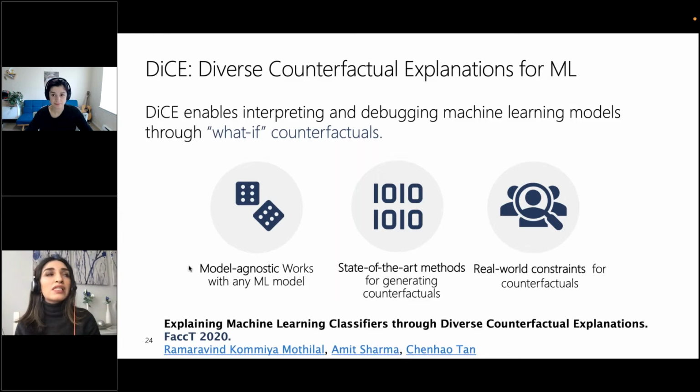It can provide you with insights as to what are the similar data points with different prediction outcomes from the model? Or in other words, what is the bare minimum change I could apply to a data point so that the model predicts a different outcome?